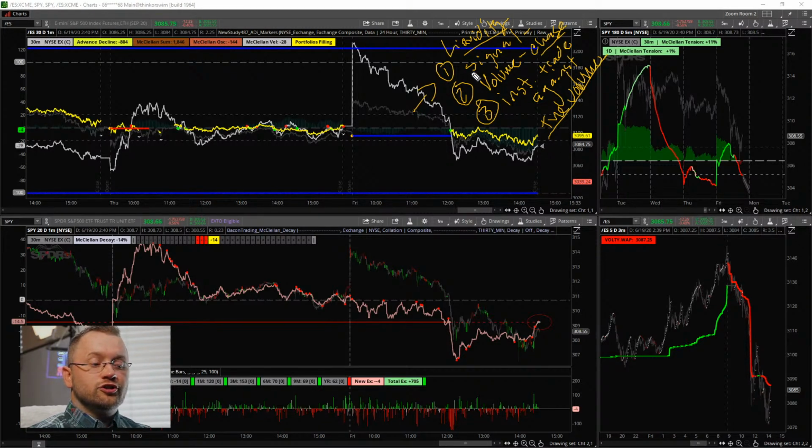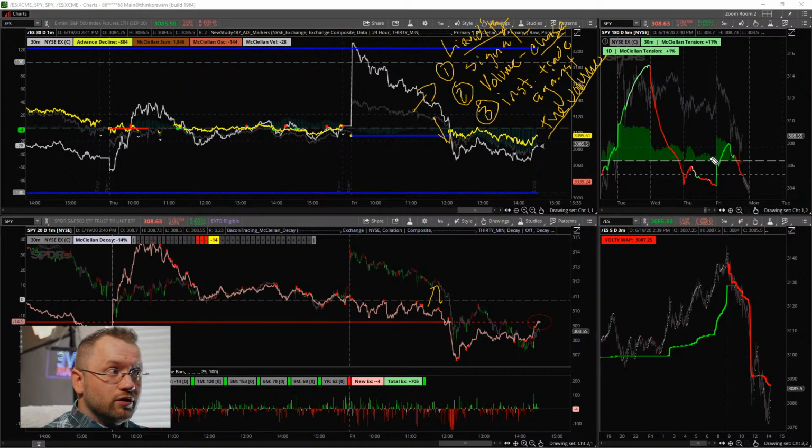If you're an institution, you're not interested, or do you care how they generate the volume? You're just interested in the volume. So the signal in our case is velocity or decay crossing over zero or tension, but when tension does it, it's a little bit different. Then we see the trapped orders bring in the volume. Here's volume, here's volume.